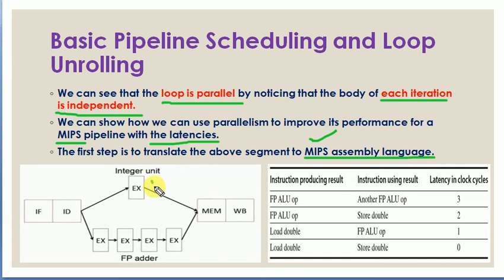One is the integer unit, that is for integer related activities, and second is an FP adder that is used for floating point addition purpose. So in this loop we actually require the integer unit for store and load operation, because for calculating effective address we require the integer unit. So only for that purpose this uses an integer unit.